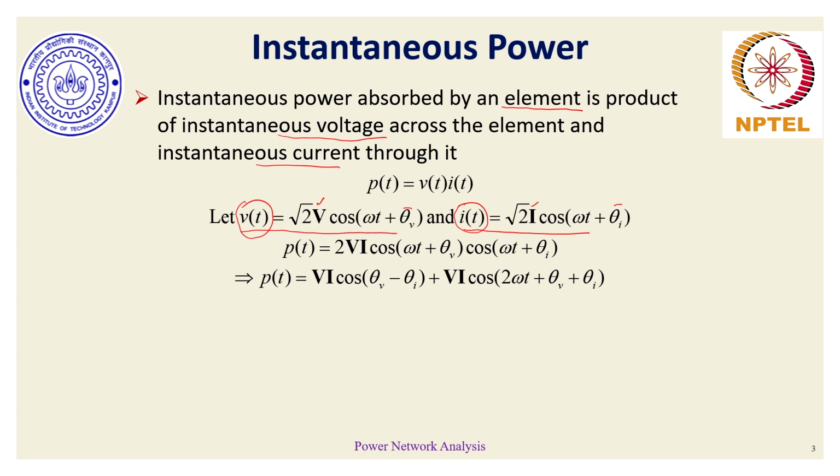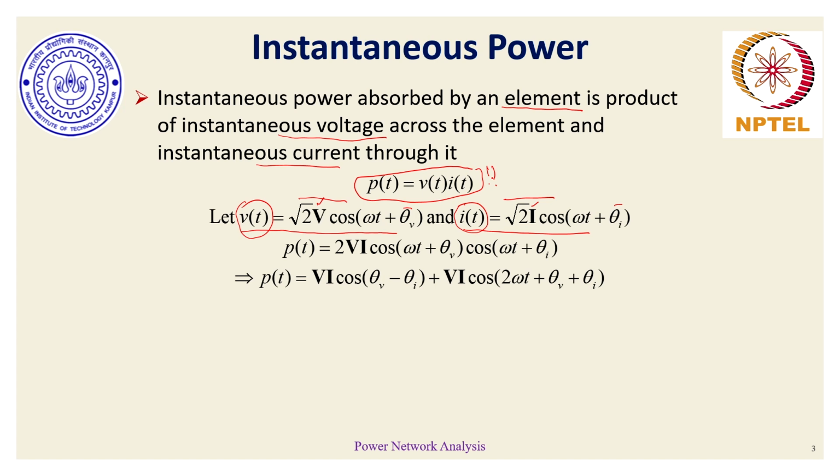So if I know these time varying AC signals, voltage and current across the element, then instantaneous power is nothing but the expression defined here, which is the product of voltage and current in time domain form.